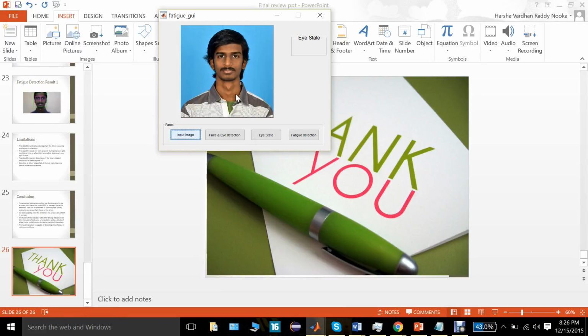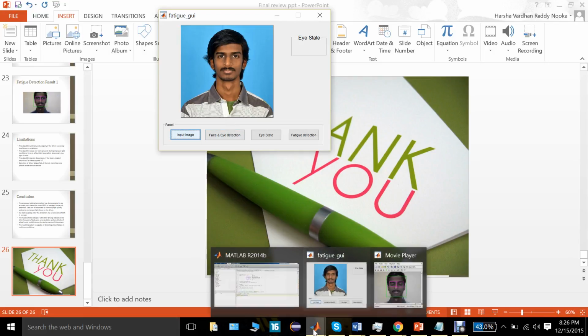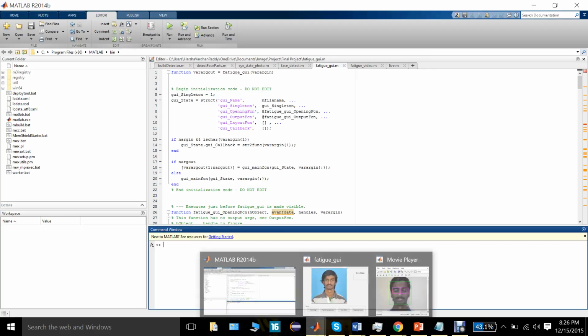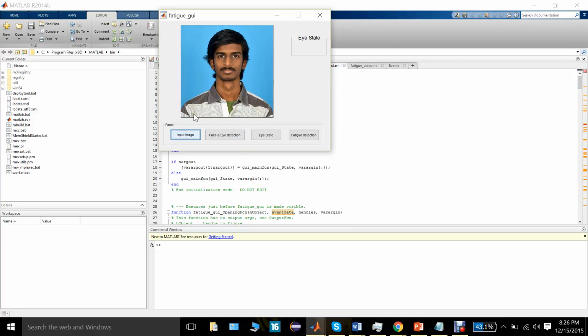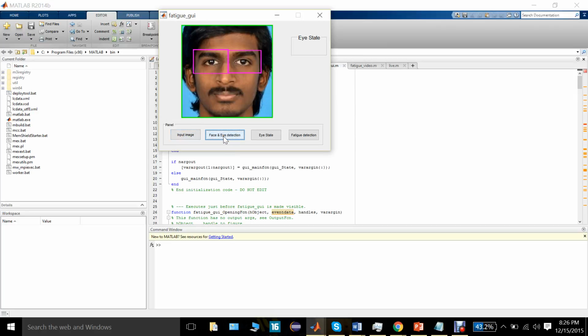So here is the input image, and I created a GUI for this. I'm providing the input image, and the face and eye detection part is going to detect the face from the entire image, and also it's going to highlight the eyes.